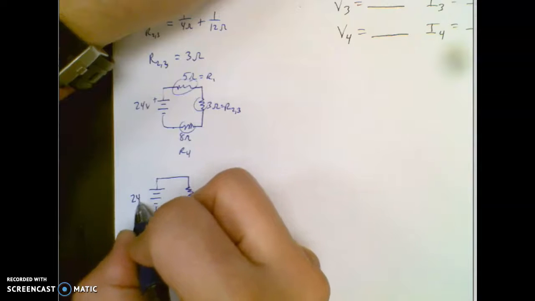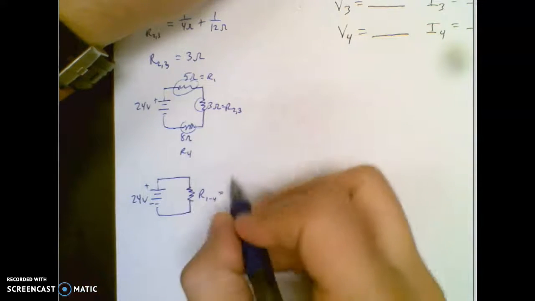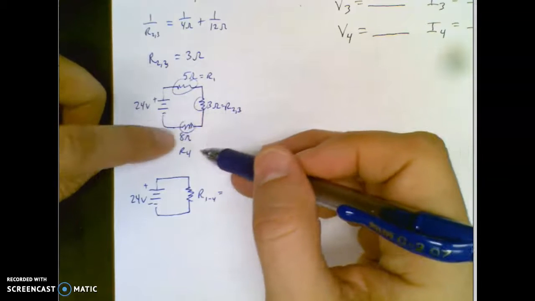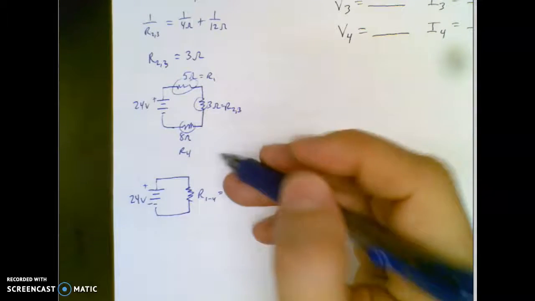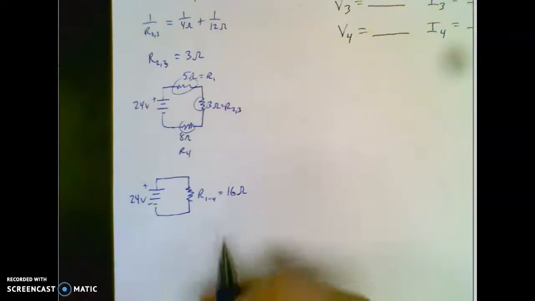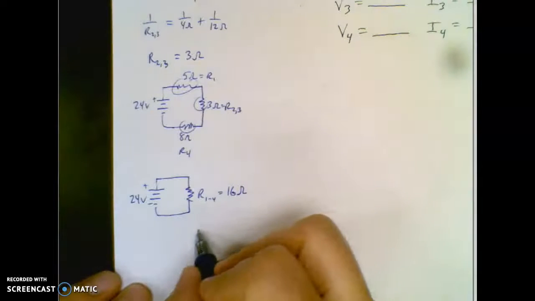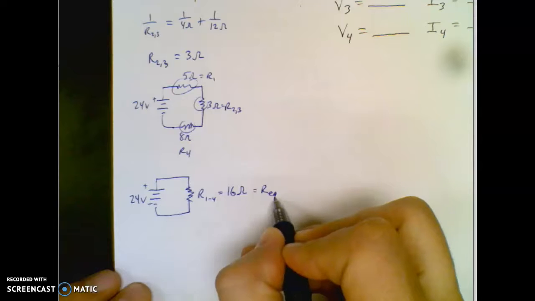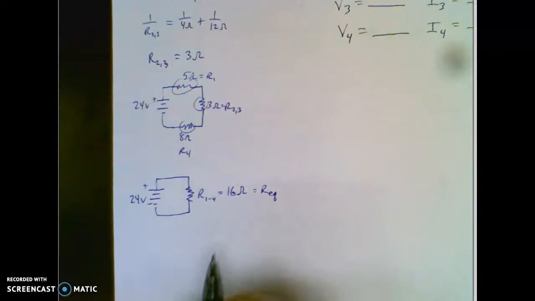So we still have our 24 volt battery, and if I put all these together, you got 5 plus 3 plus 8, which is going to be 16 ohms. Sometimes you'll see people write this REQ, because EQ is for equivalent. It's equivalent to a total resistance of 16.